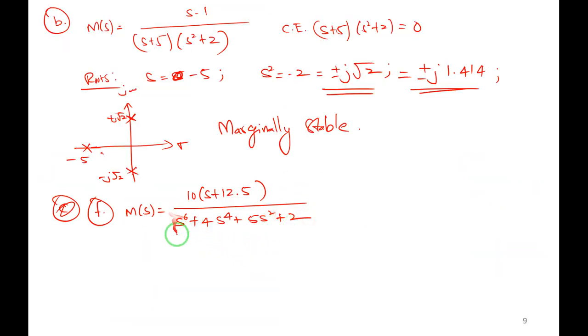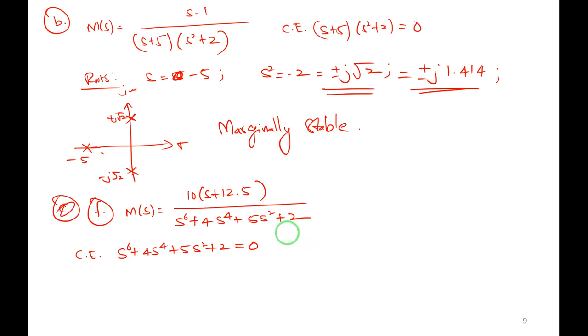Yes, this is sixth order. I cannot solve it in the calculator also. So the characteristic equation is s power 6 plus 4s to the power of 4 plus 5s square plus 2 equal to 0. Just by inspection, I will come to know that the s power 5 term is missing, its coefficient is 0. The s cube term, its coefficient is 0. So the given system is clearly unstable.